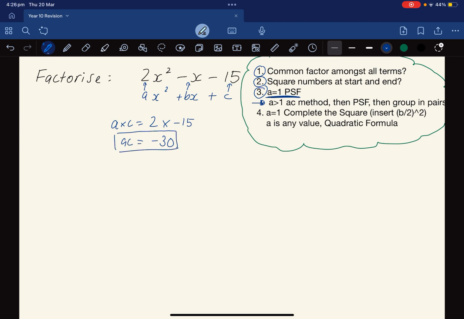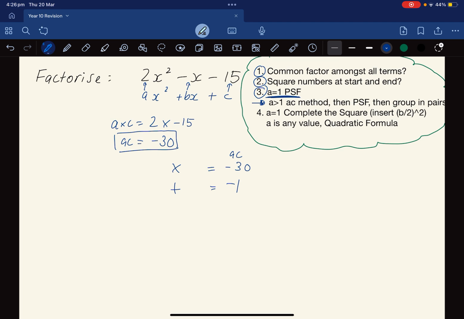Now next, we need to find 2 numbers that multiply to give -30 and add to give the middle number, that -1. So they multiply to give AC and they add to give the middle number.